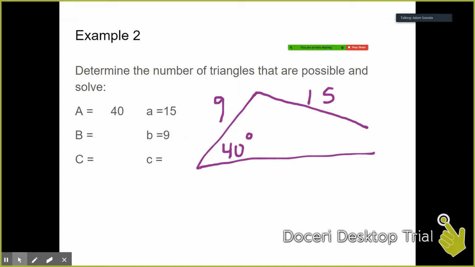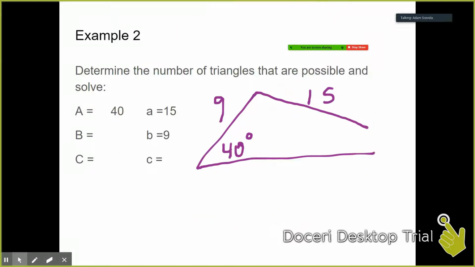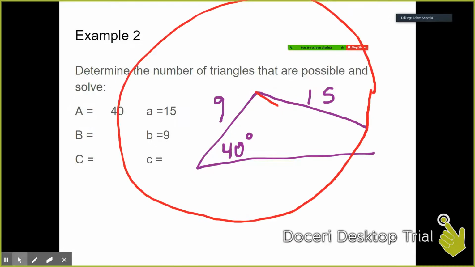So now we're given the case where the given angle is 40 degrees and the side opposite is 15. The side adjacent is 9. So if we imagine swinging this around, like this circle around, since 15 is greater than 9, the side opposite is greater than the side adjacent, that means we can only make one triangle, and it would look like this, where we're given A and the side across from it.